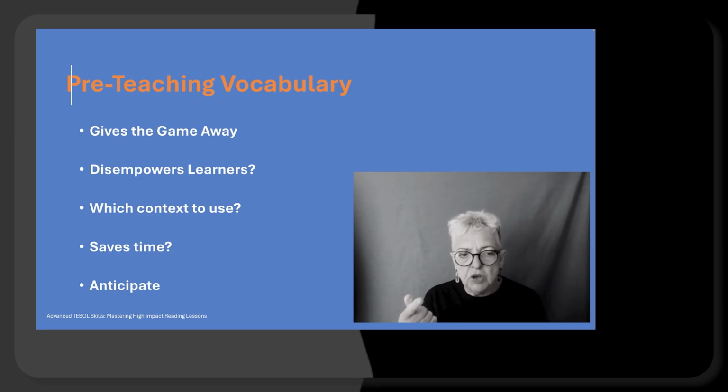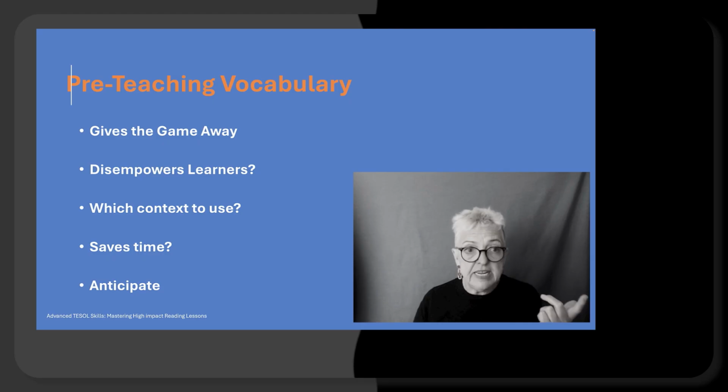I'll use the context of the text that's already there. I'll create my meaning check questions around the context that they already have. And I'll bring in any additional meaning that I see fit. So rather than pre-teaching vocabulary, I would strongly suggest anticipate and prepare for vocabulary problems, but only step in if it's needed.